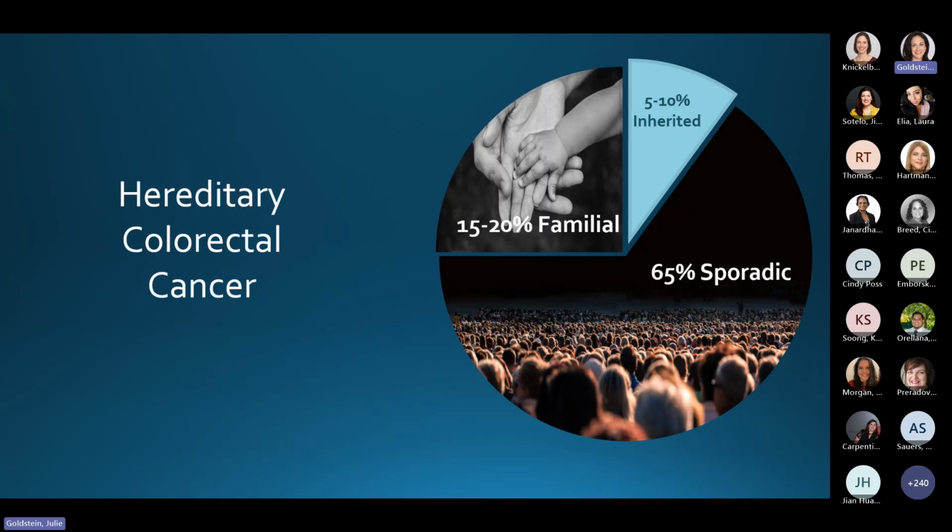That's what that last 5 to 10% of the piece of pie is referring to. That's considered inherited colorectal cancer. I'm going to talk more about what I mean by that, but basically these are people who have a genetic condition that's being passed down through the family, causing a significant increase in colorectal cancer risk.